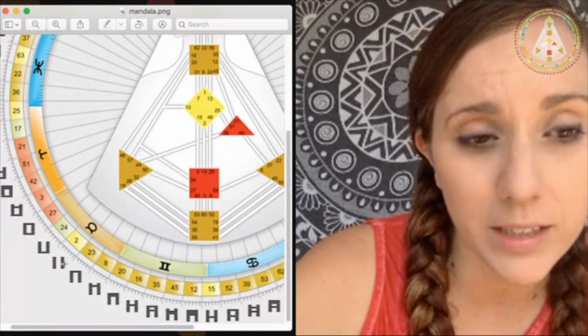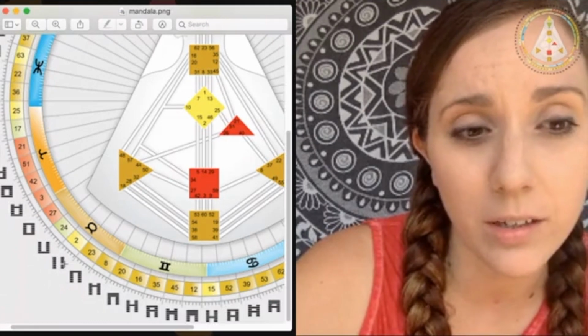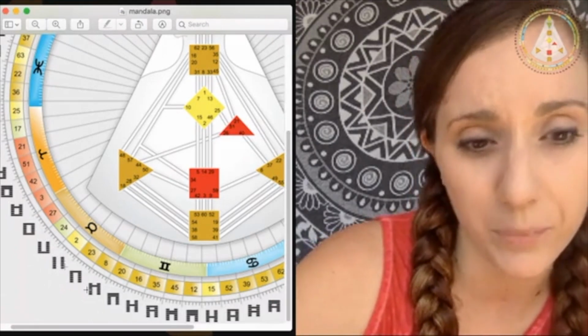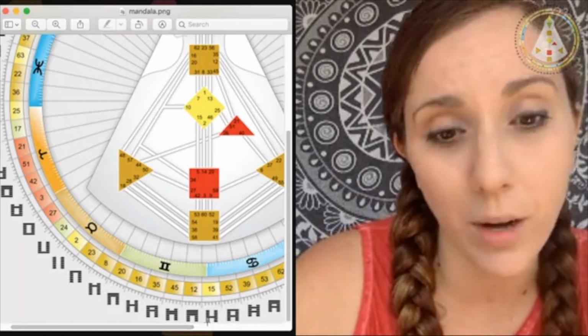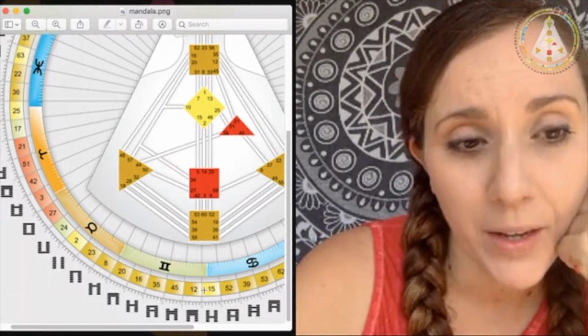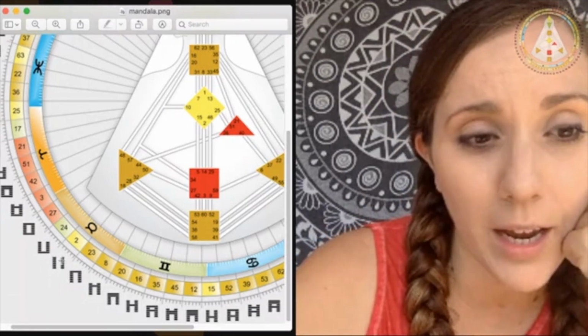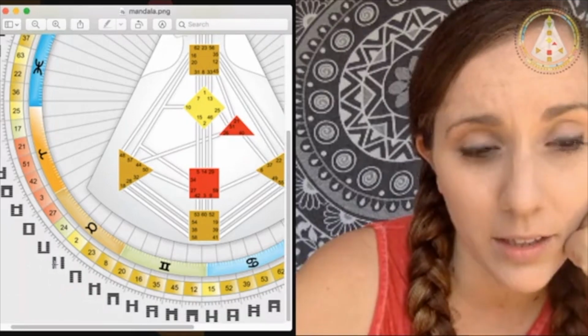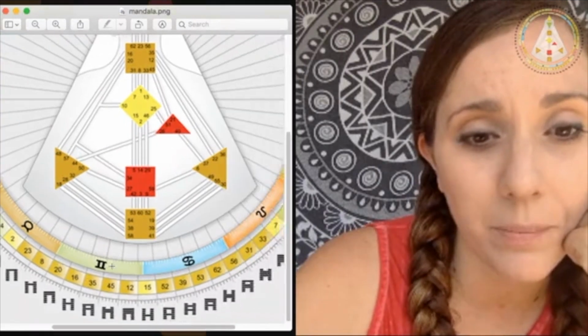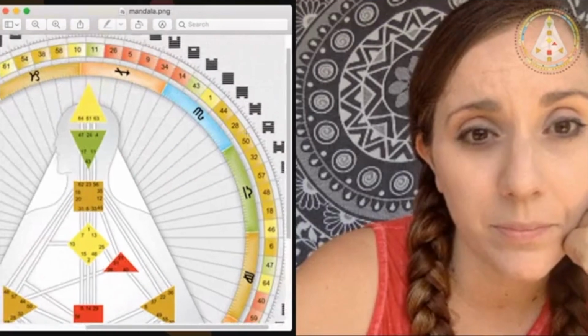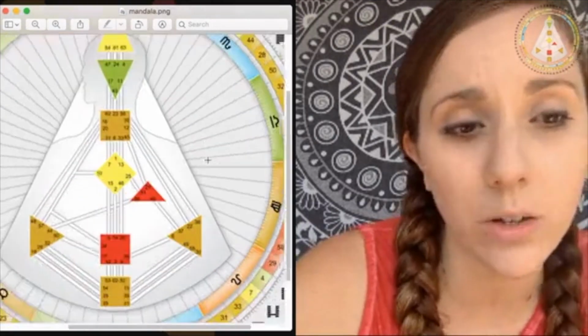And we can see that the I Ching mandala moves counterclockwise. So it moves this way, from all yin to all yang. It has a whole process it goes through.